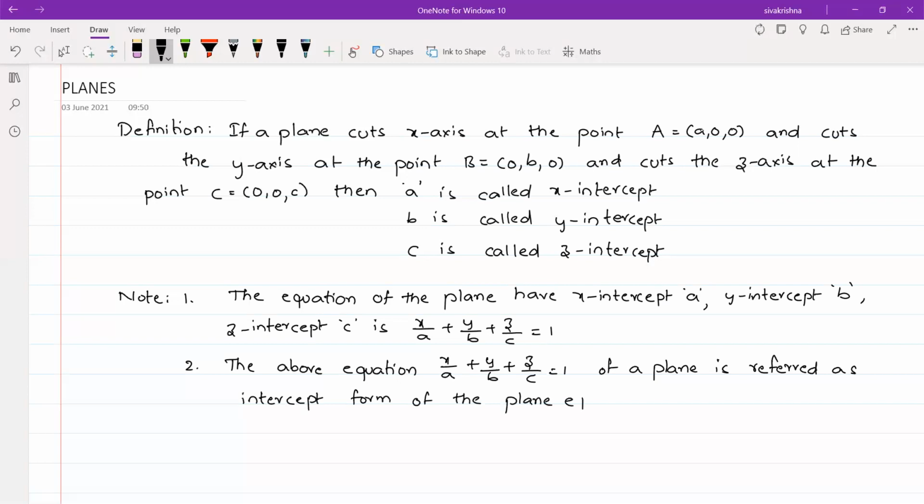So we call this equation the equation of the plane in intercept form.